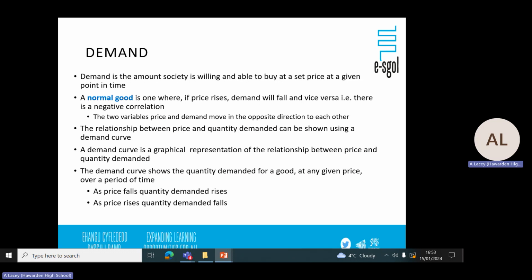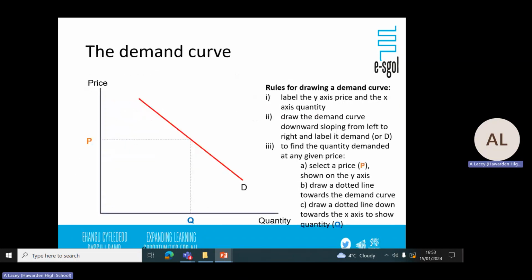Now, as the price falls, quantity demanded rises, and as the price rises, quantity demanded falls. So if we look at this example, we have price and we have quantity. The y-axis is the price and the x-axis is quantity, and you draw the demand curve sloping downwards from left to right, and label it demand, or D. To find the quantity demanded at any given price, select P on the y-axis, draw a dotted line towards the demand curve, and draw a dotted line down to the x-axis to show the quantity.